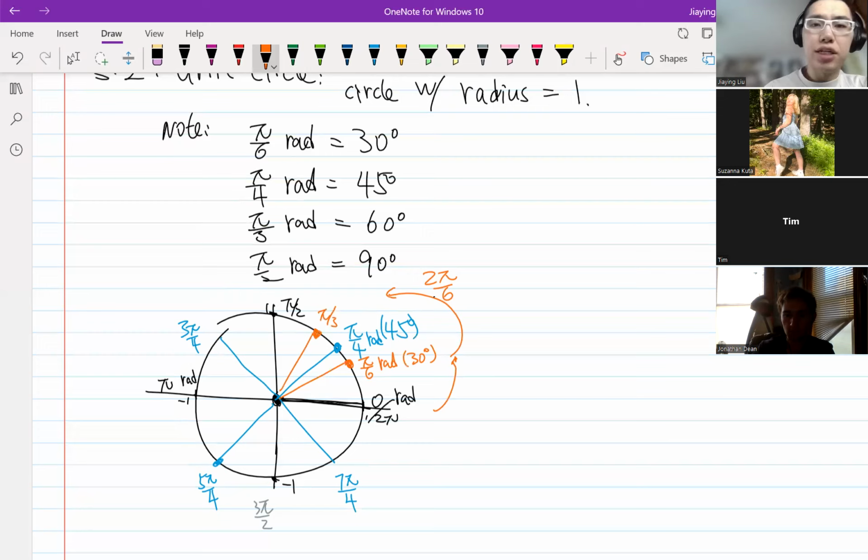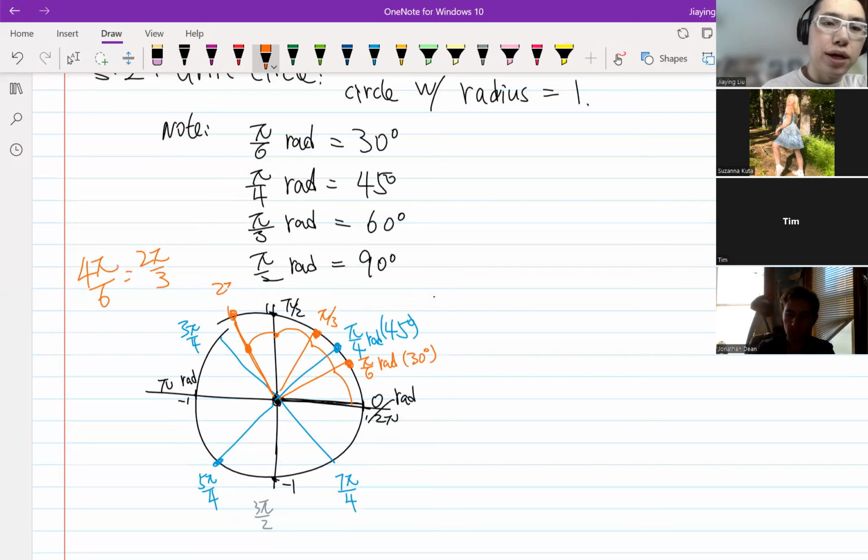And if I keep counting, that's 2 pi over 6, and then 3 pi over 6 takes me to pi over 2. So let me put it here. So pi over 6, 2 pi over 6, 3 pi over 6, that's pi over 2. And then 4 pi over 6 leads me to here, which is the same thing as 2 pi over 3.